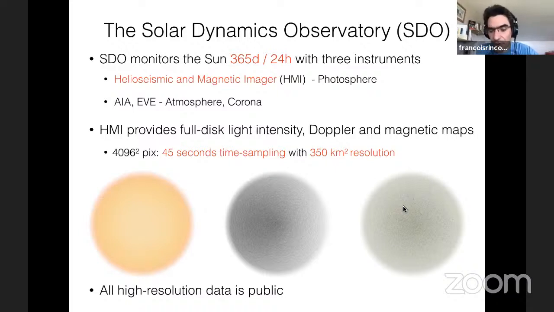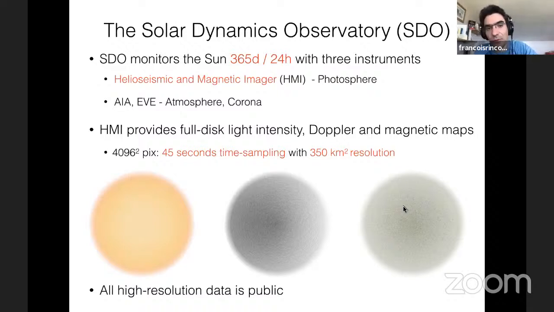All three maps I've shown here are for a precise time where the sun was very quiet. No sunspot, no large-scale magnetic activity. Because what I'm going to be most interested in is the state of statistically homogeneous turbulence in the quiet sun, aside from all the global activities, the 11-year cycle, and all that.